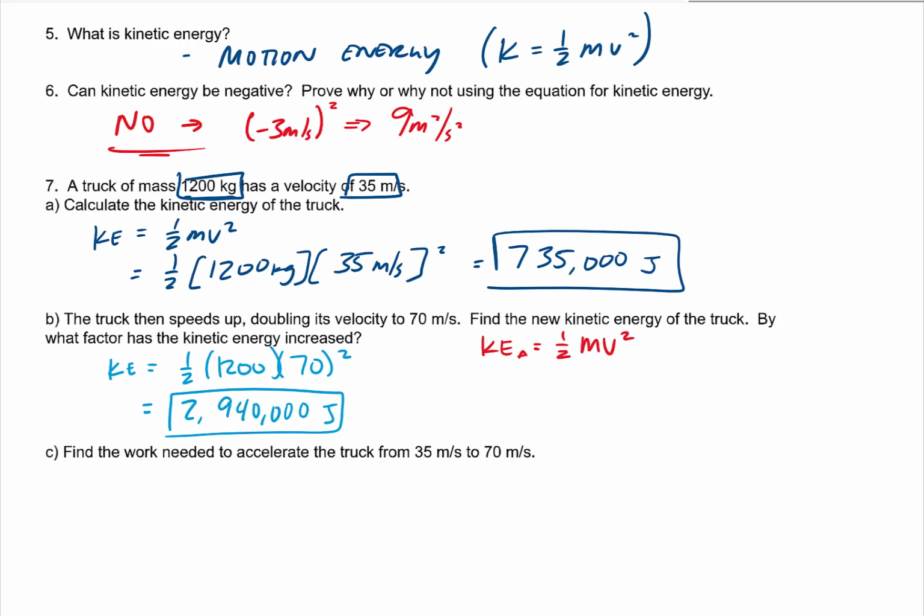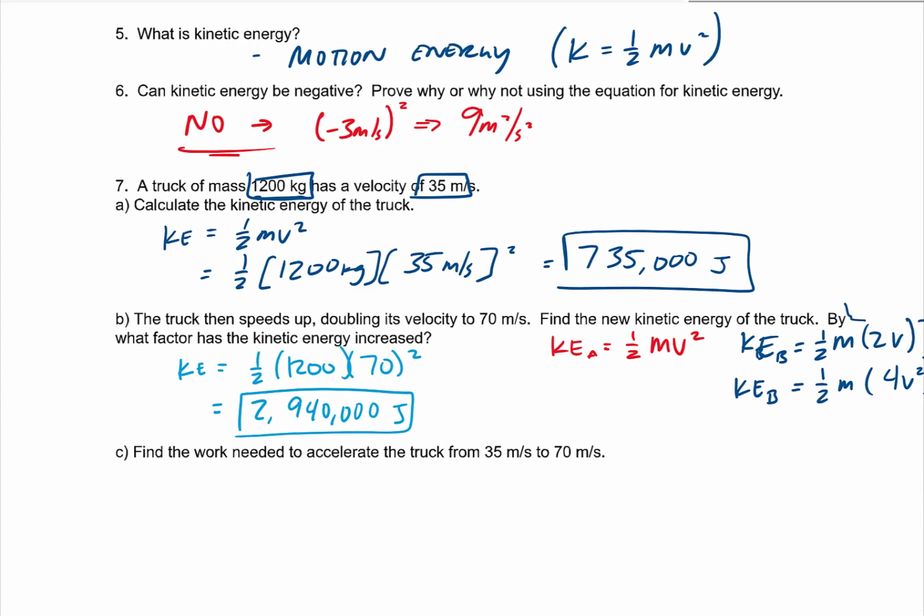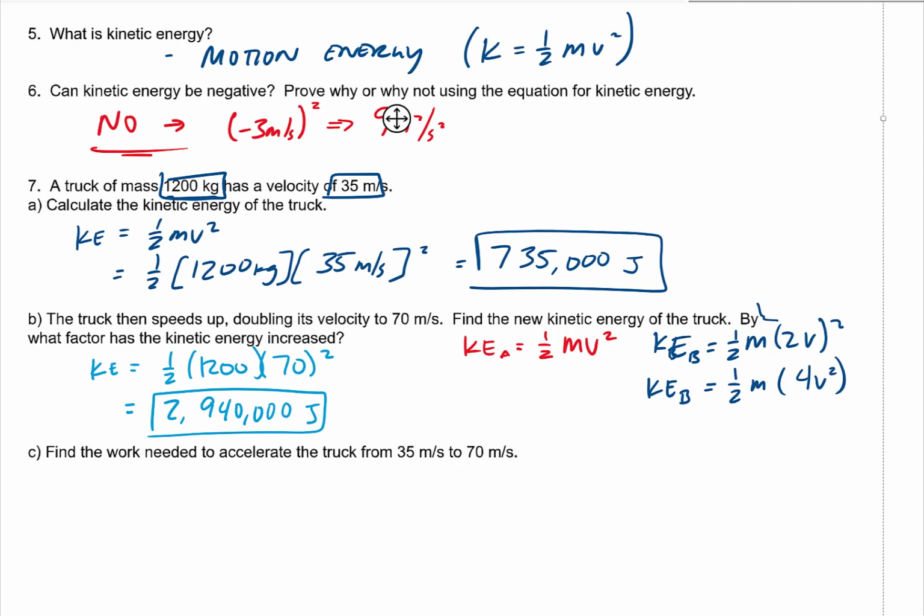If we want to know the factor by which it got bigger, kinetic energy from A was 1/2 mv squared. Kinetic energy for B is 1/2 mass times twice the velocity, and then that whole last bit is squared. So the kinetic energy for B is 1/2 m times 4v squared, because we're going to square both things inside of those parentheses.